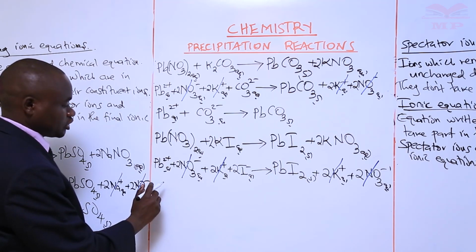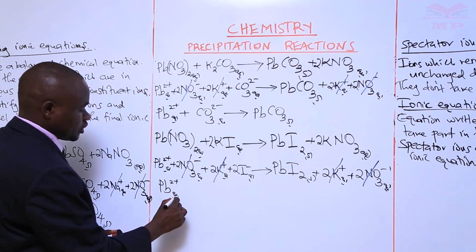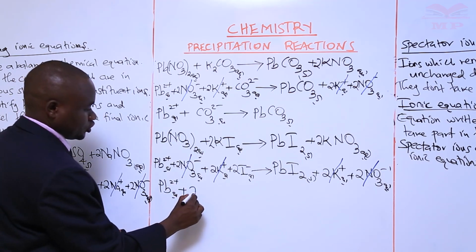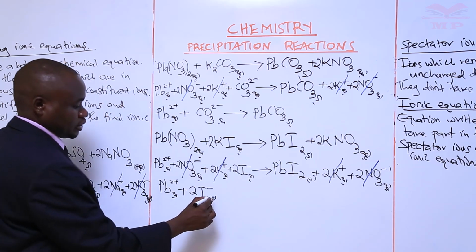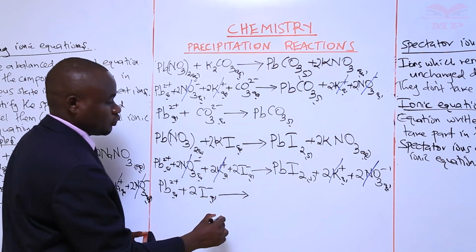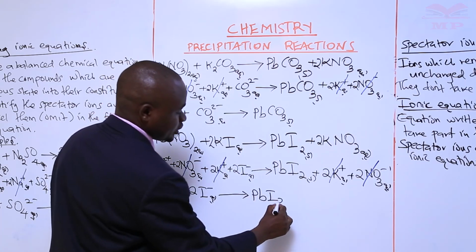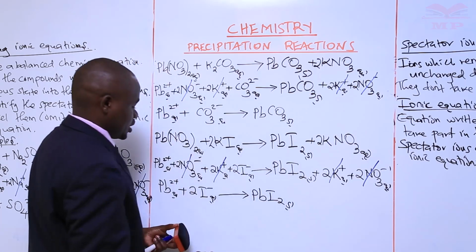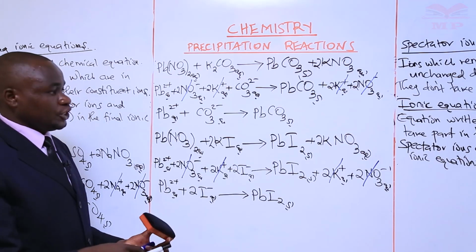So the equation will be as follows: lead ions aqueous plus 2 iodide ions aqueous. The product will be lead iodide solid. So that will be the overall ionic equation.